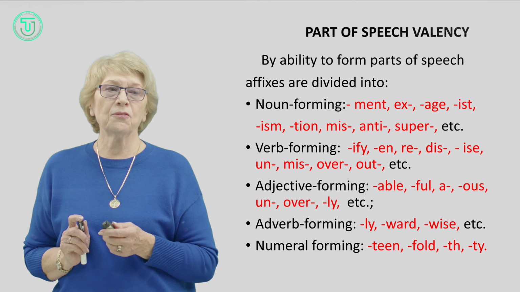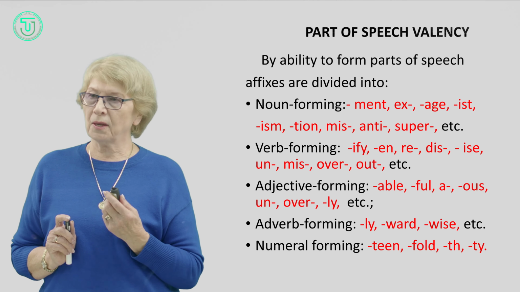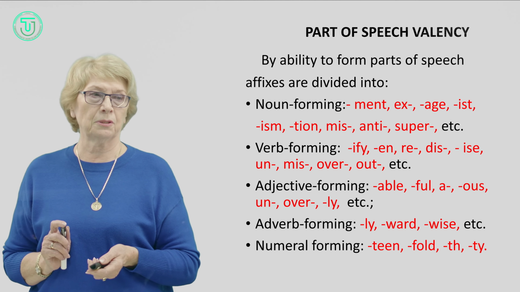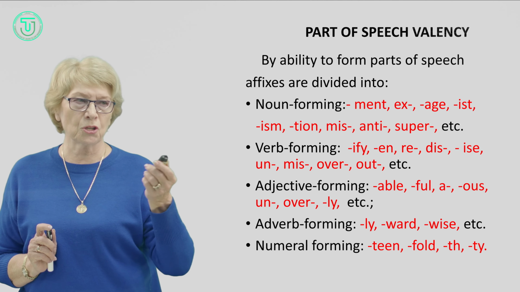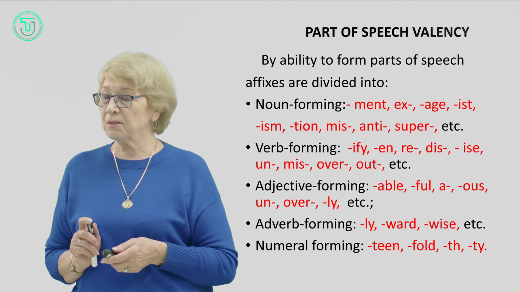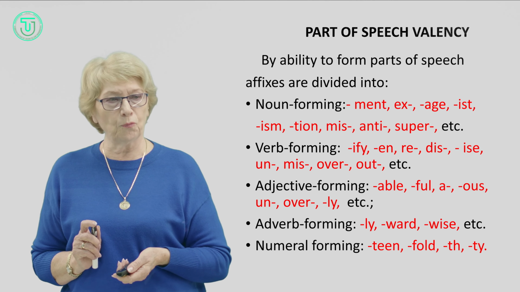So by this ability, by their valency, by their ability to produce different types of parts of speech, we already mentioned this, affixes can be classified into noun forming, verb forming.